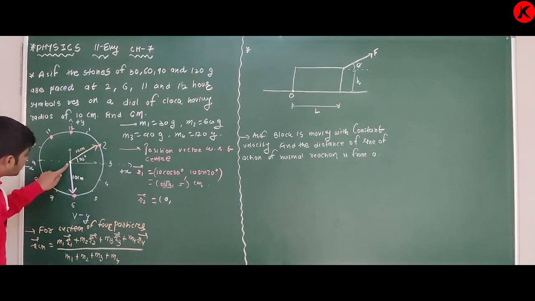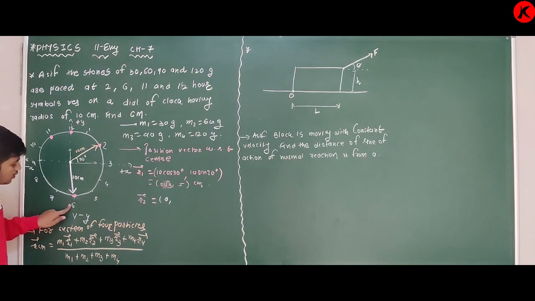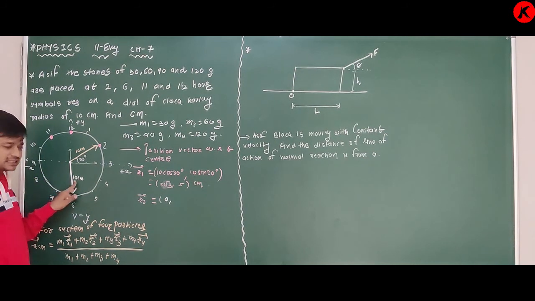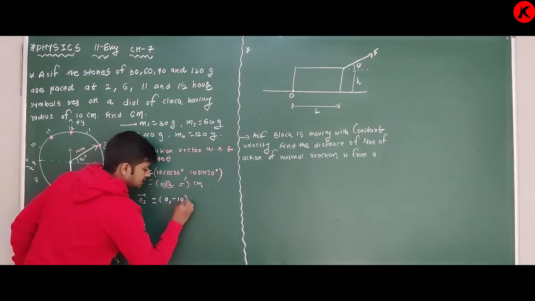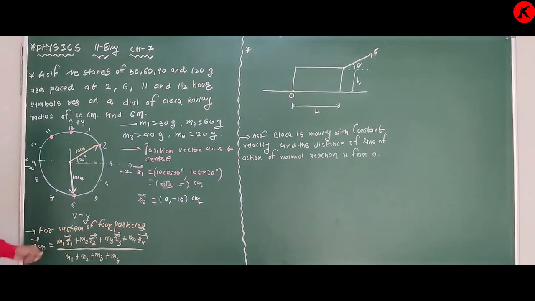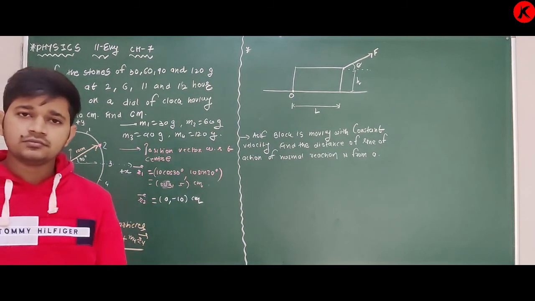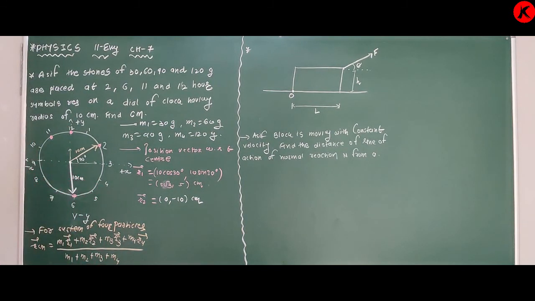And what about y component? As it is along y direction, it is 10, so you have to write minus 10 centimeter. Why minus 10? Because it is along negative y direction.